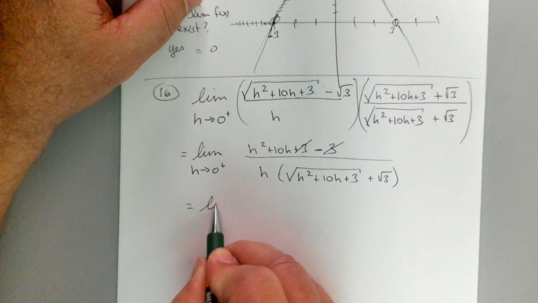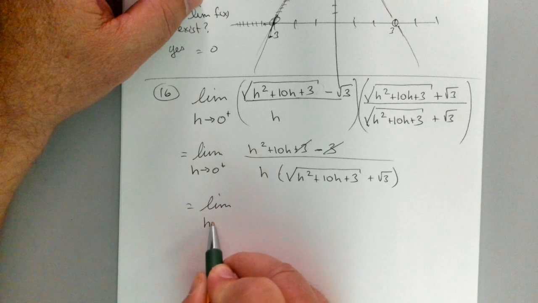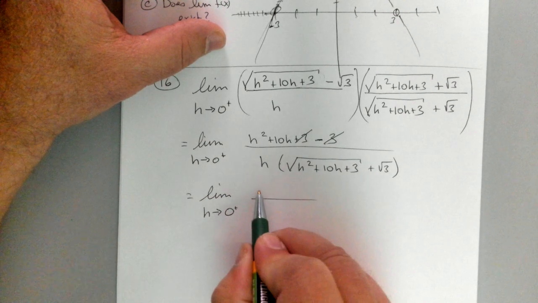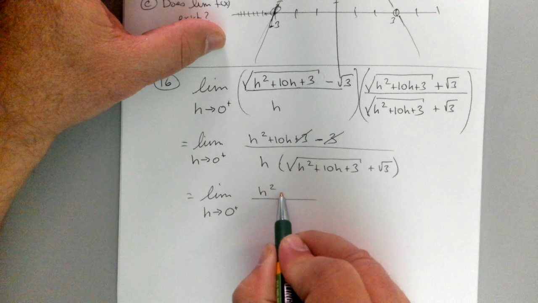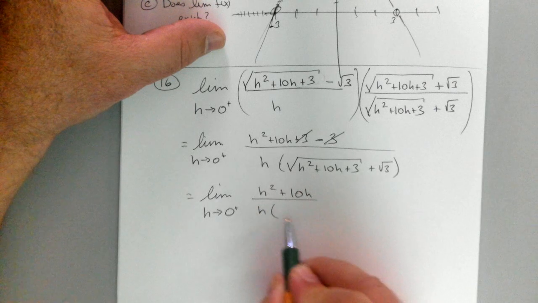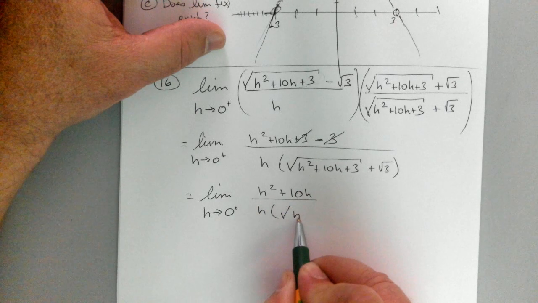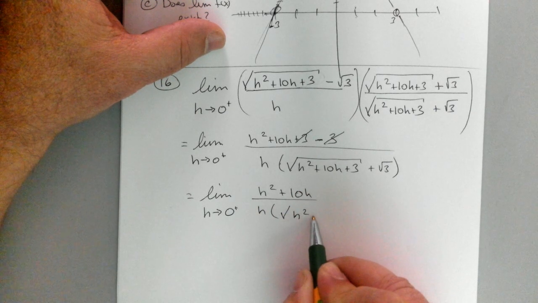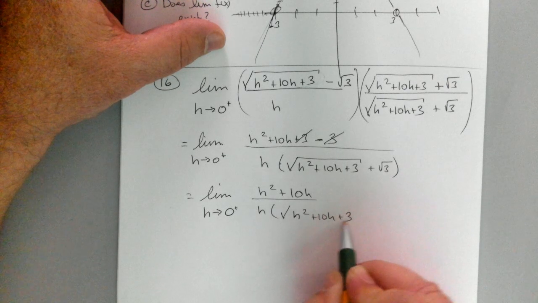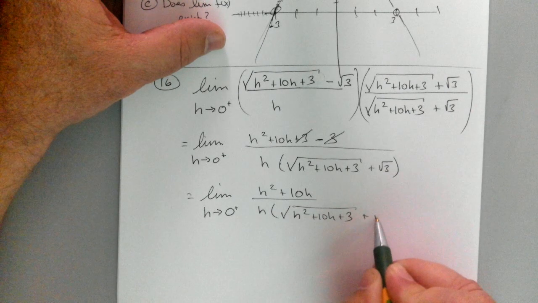Threes cancel. On the top it's h squared plus 10h. And the bottom it's h times radical h squared plus 10h plus 3, plus radical 3.